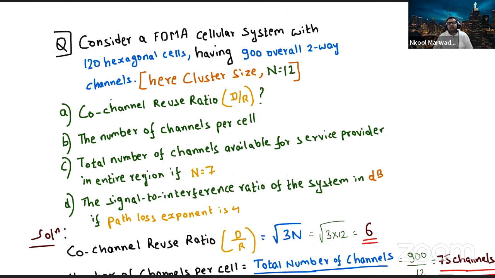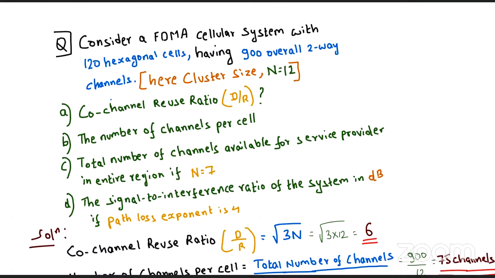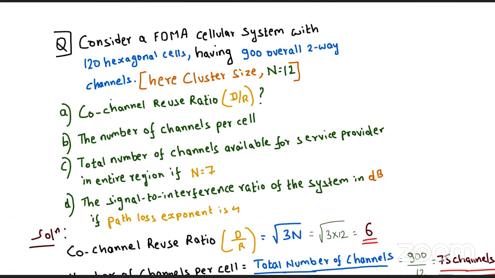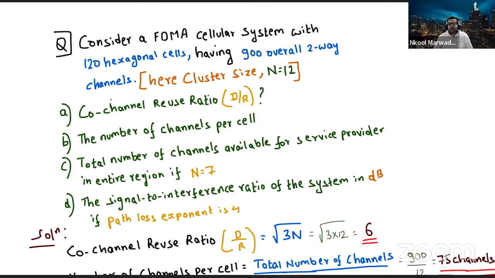Always remember, whenever we are talking about signal to interference ratio, S by I, interference occurs when cells of similar frequencies interfere. So I have to consider co-channels, regardless of whether it is given in the question or not. Here we have already calculated the co-channel reuse ratio 6.